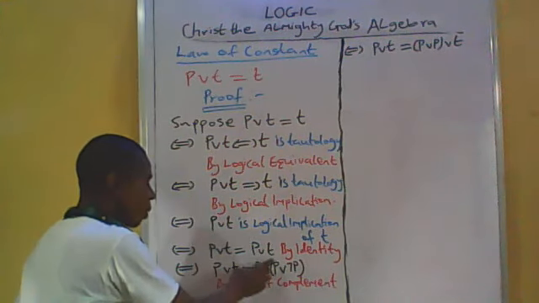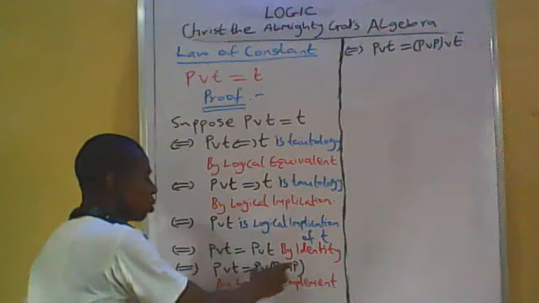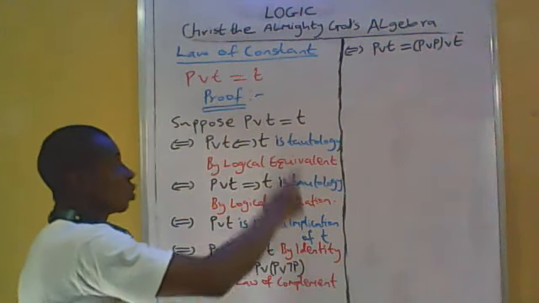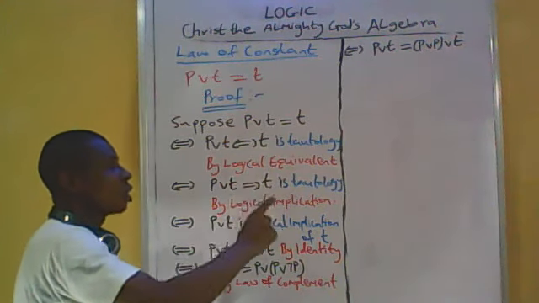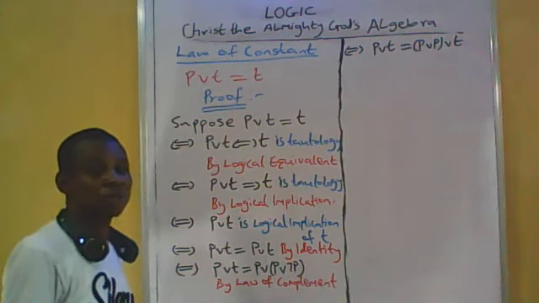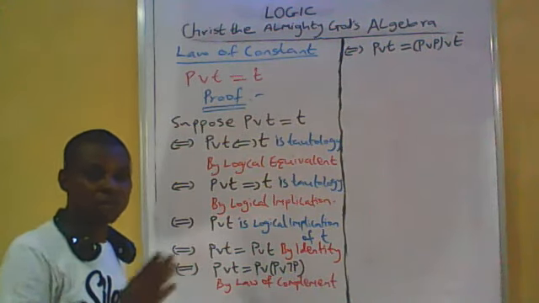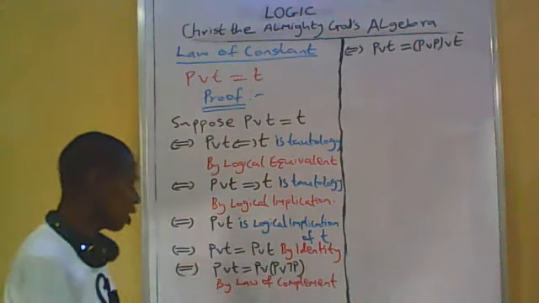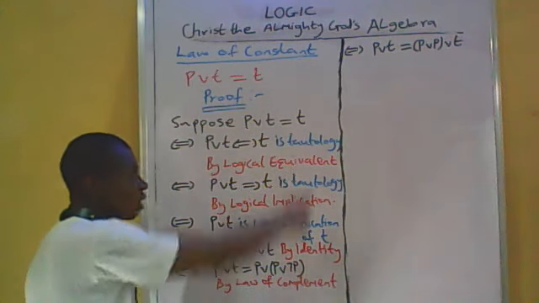This P or bracket P or not P is equal to bracket P or T by law of associativity. They are equivalent, this is equivalent to the other one.